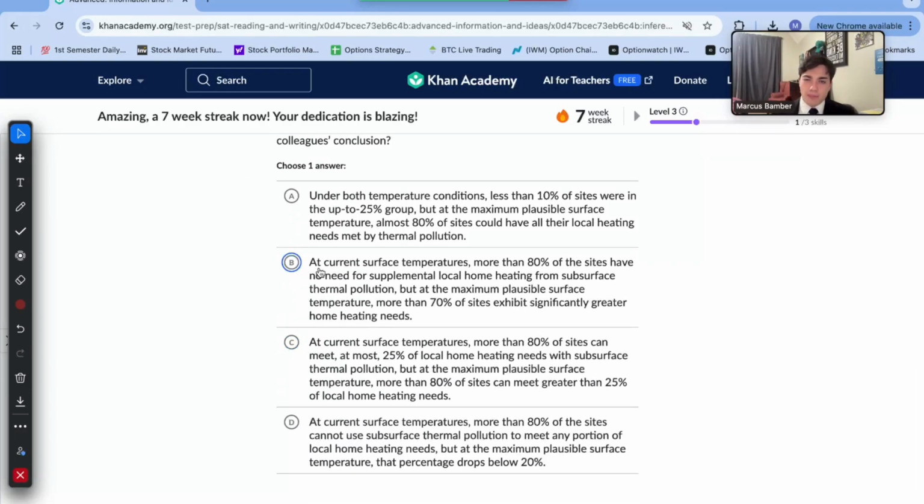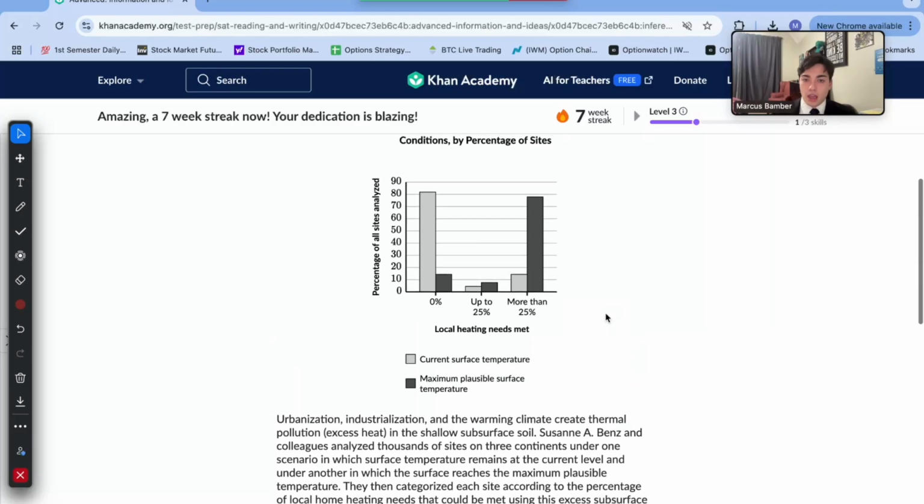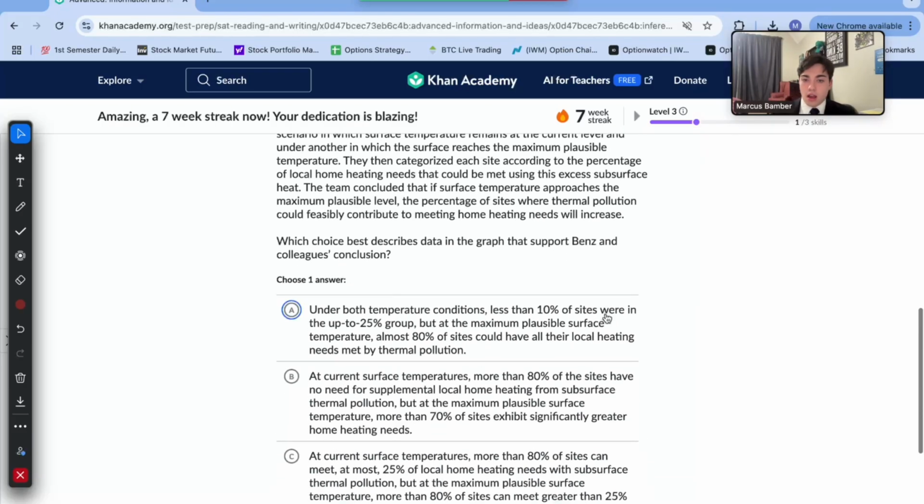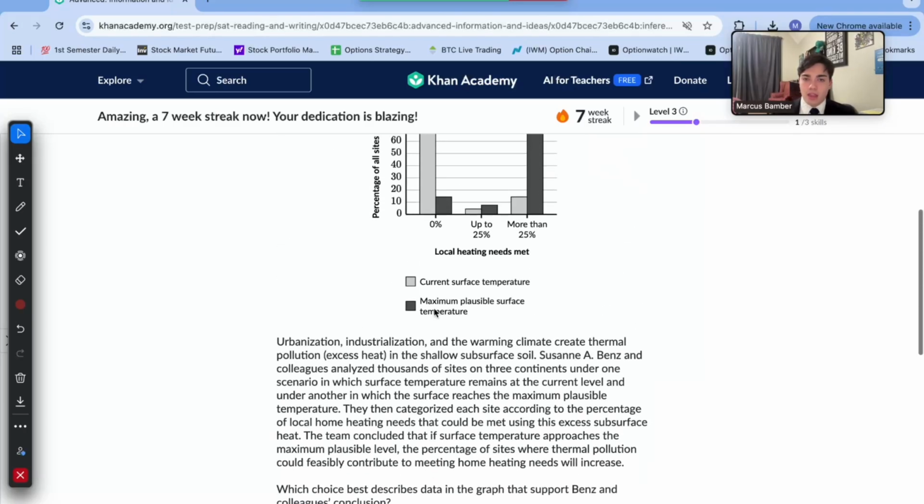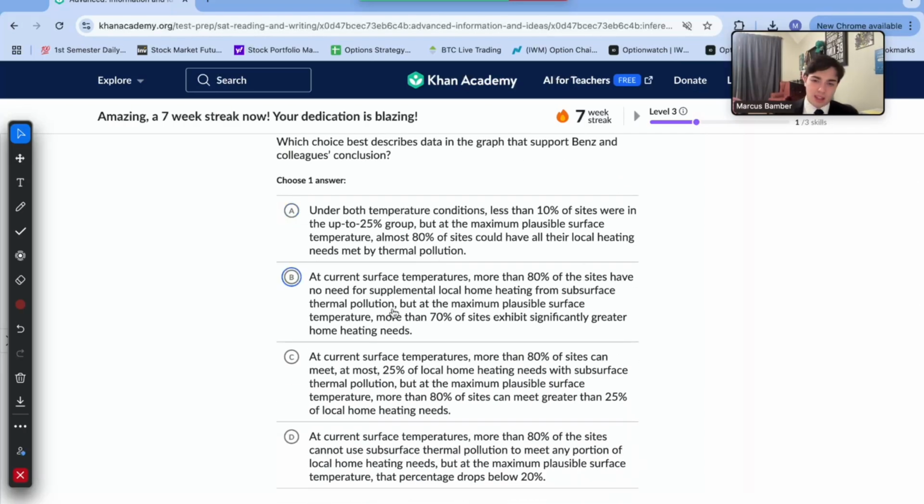Okay, answer choice B. At current surface temperatures, more than 80% of the sites have no need for supplemental local home heating from subsurface thermal pollution, but a maximum plausible surface temperature, more than 70% of the sites exhibit significantly greater home heating needs. As we can see here, it's talking about the needs that are met, so this might not be the correct answer.